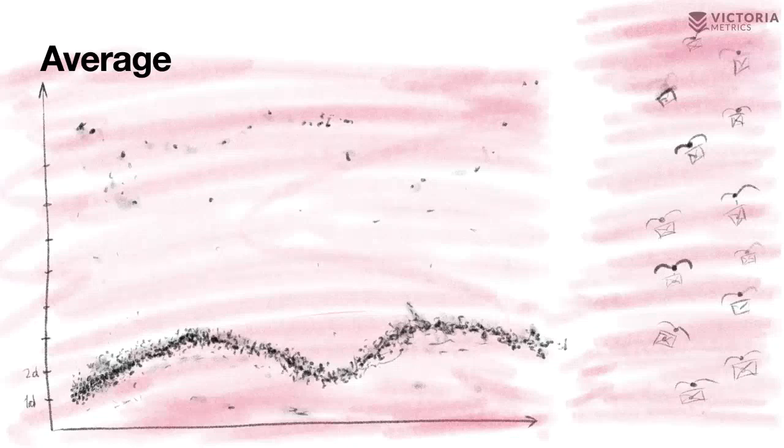In this graph, Sir Alex found that most of the birds spent from 1 day to 2 days to deliver messages, but there were messages which were delivered in 10 days or 5 days and more. And because these values were so big, they really affected the average graph. So Sir Alex started to think how he could make the data more useful.